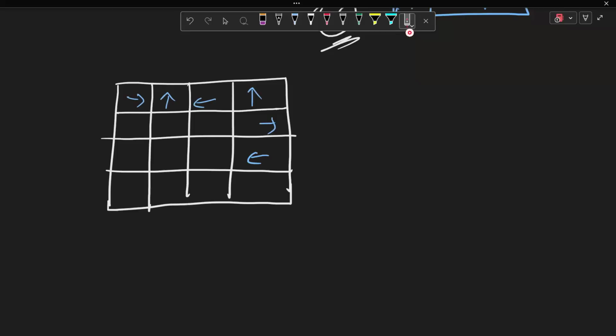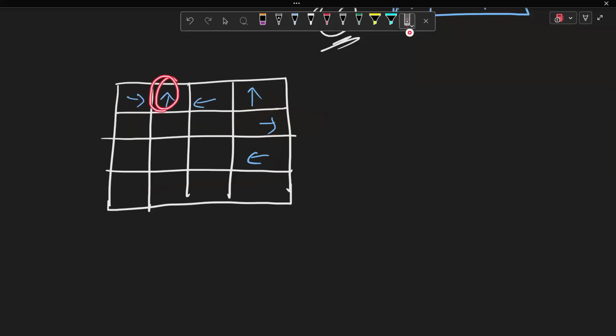Now, if you analyze, the first observation would be for the corner points. Inside points, we don't know. One thing would be sure: if I'm at some corner like this and you are going right, then if I start from this point, I would definitely get freed in one step only.